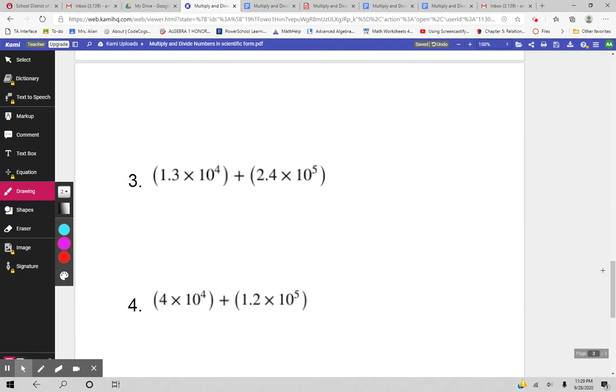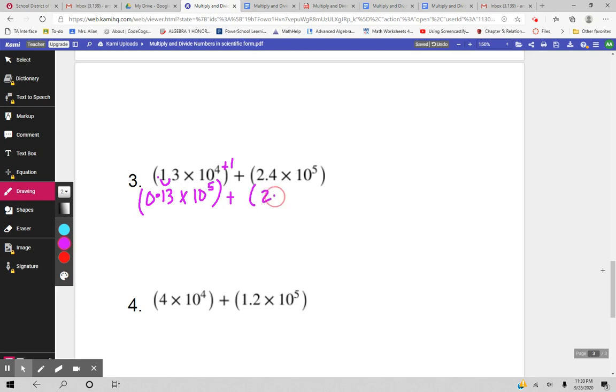All right. So this is the higher power, and we're going to keep that. We want to increase this by 1, but I just made this bigger by a power of 10, so I've got to make this smaller by a power of 10. The decimal is going to move over here. It's going to be 0.13. Let's put a 0 in front. Times 10, 4 plus 1 is 5.